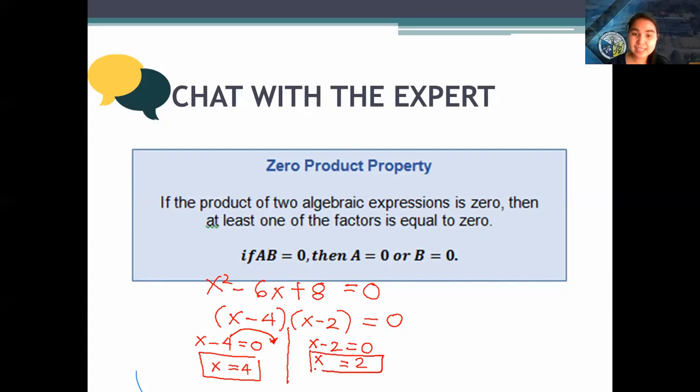This is the second one. Therefore, our answers, the roots, are x equals 2 and 4. That is how we do it in this lesson. Now let's have some examples.